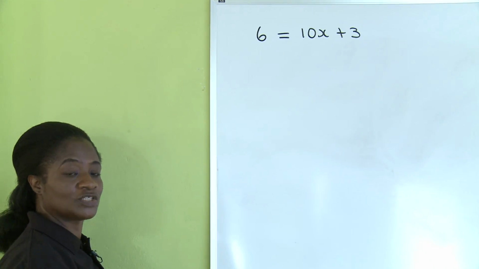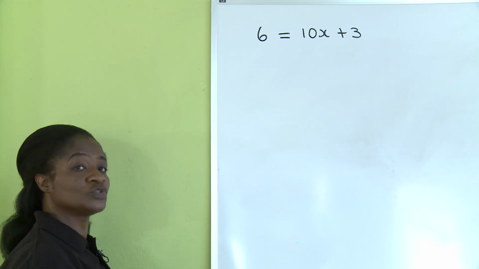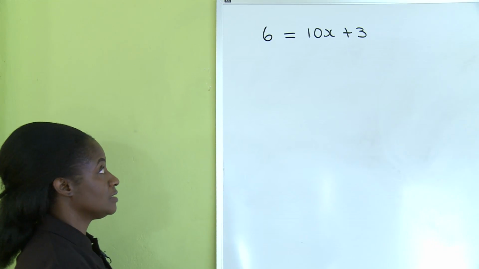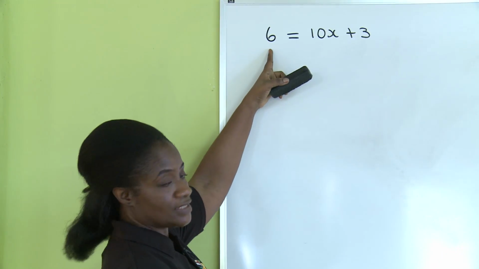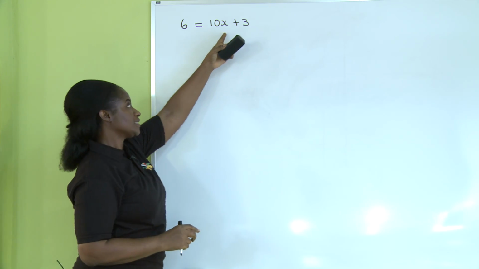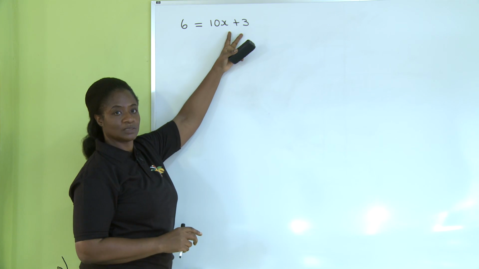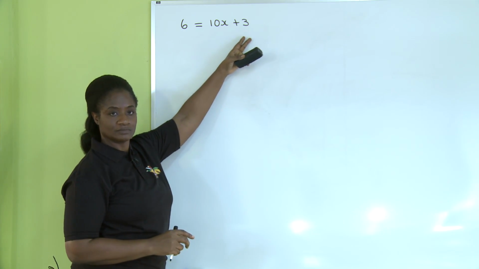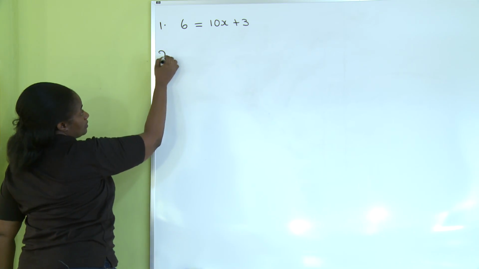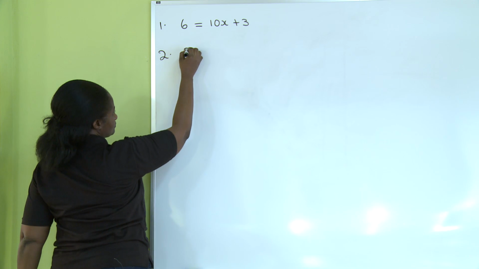Thereafter, I would like you to say the components of the left-hand side and to say the components of the right-hand side. The left-hand side has the constant 6. The right-hand side has the expression 10x plus 3. Now let us do this one together.